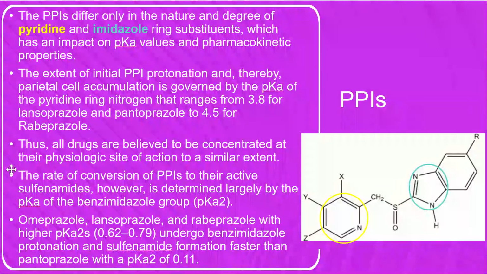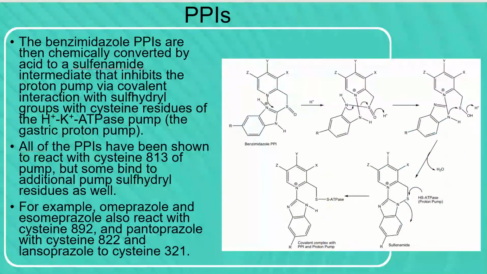So what's important here is the rate of conversion of PPIs to their active sulfenamides, and just to go back to that diagram here, this is the prodrug and the active is the sulfenamide that reacts with the proton pump to form an irreversible bond with the proton pump.